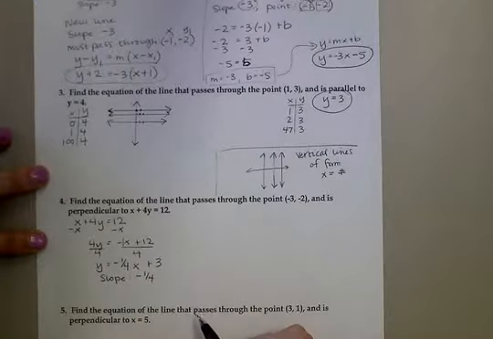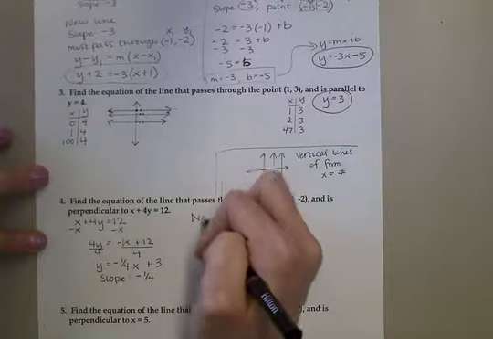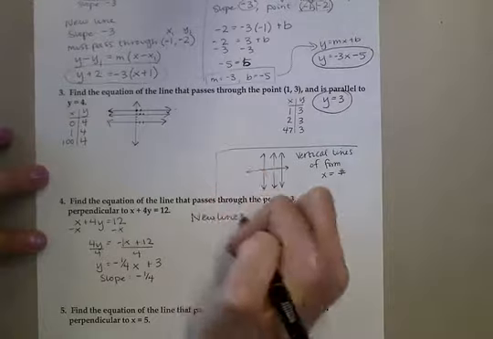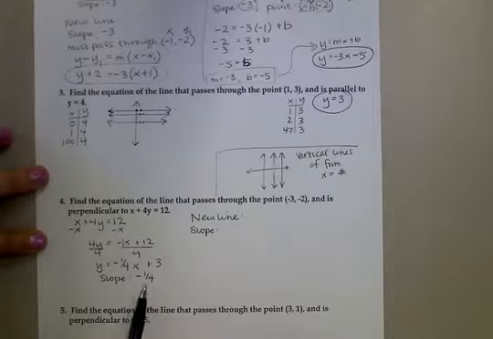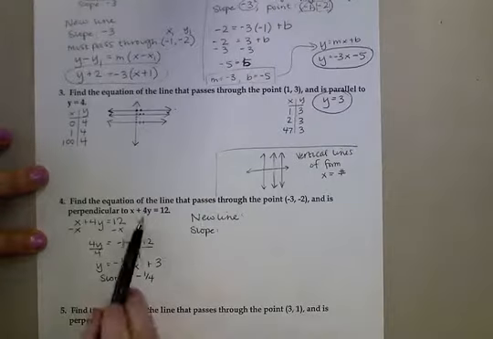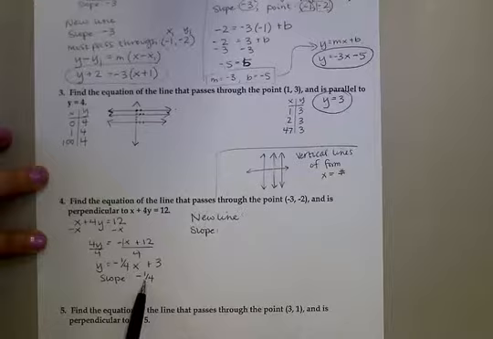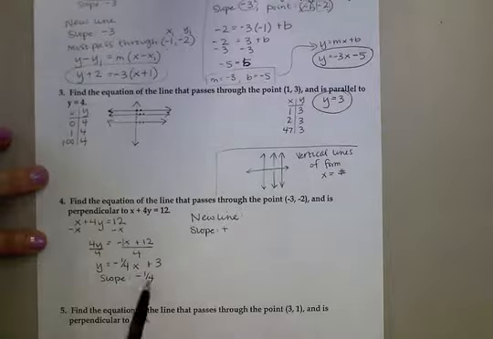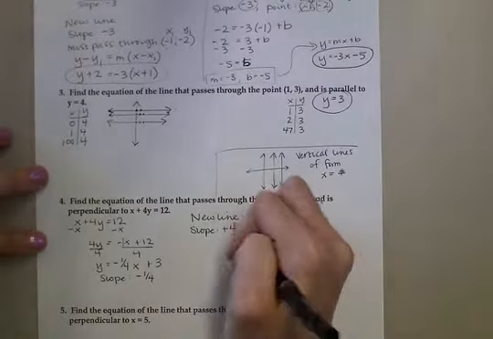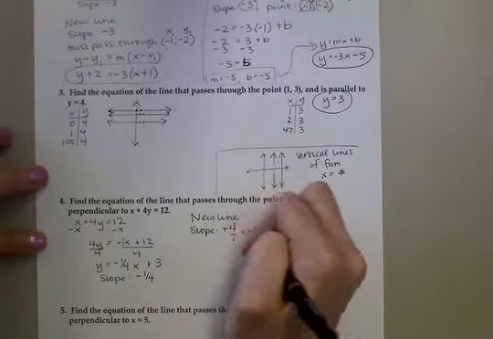Now we want a perpendicular line, so for our new line we want our slope to be the opposite and reciprocal of the line they gave us. So our new line needs to have a slope of, well, the opposite of that would be positive, and the reciprocal of 1/4 is just 4/1, or 4.